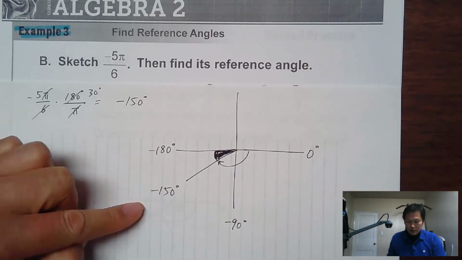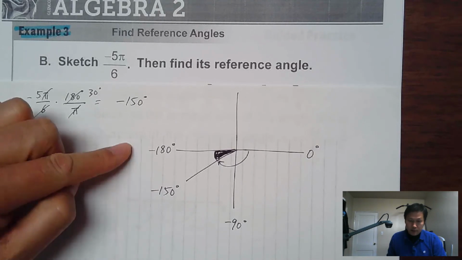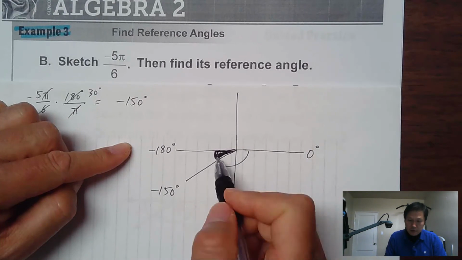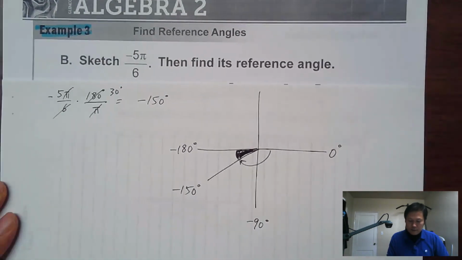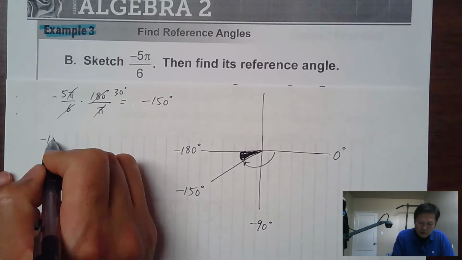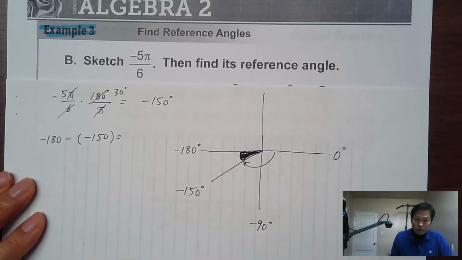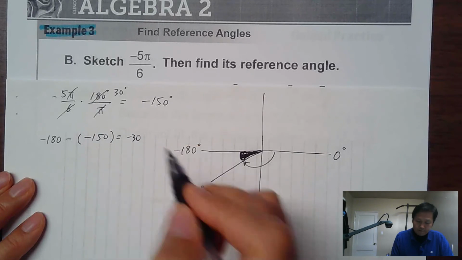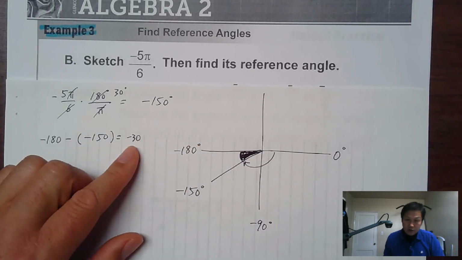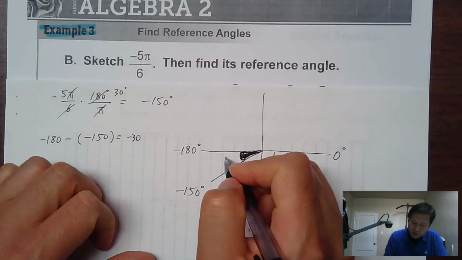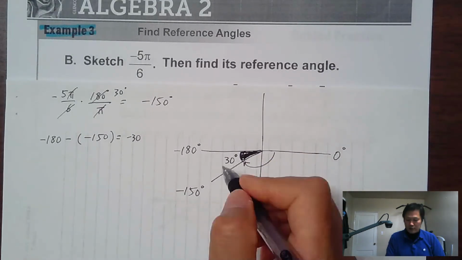This minus this, or this minus this. And just change the answer to positive, because the reference angle always has to be positive. If you do minus 180 minus minus 150, you will end up with minus 30. The reference angle is always positive, so just change it to positive. The reference angle is 30.